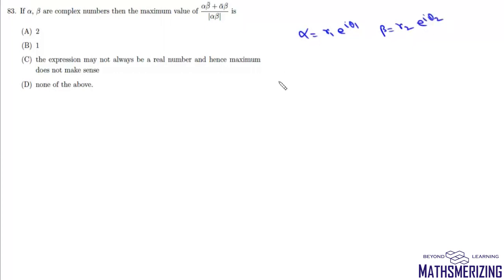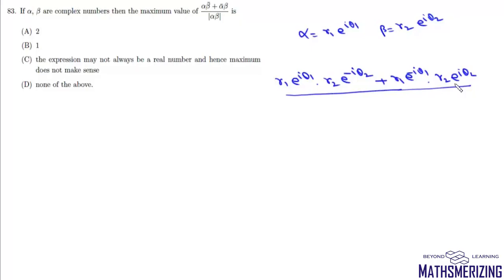Now alpha into beta bar will be r1 e to the power iota theta 1 into r2 e to the power minus iota theta 2 because we have the conjugate of beta, plus now alpha bar will be r1 e to the power minus iota theta 1 and then r2 e to the power iota theta 2, upon mod of alpha beta.